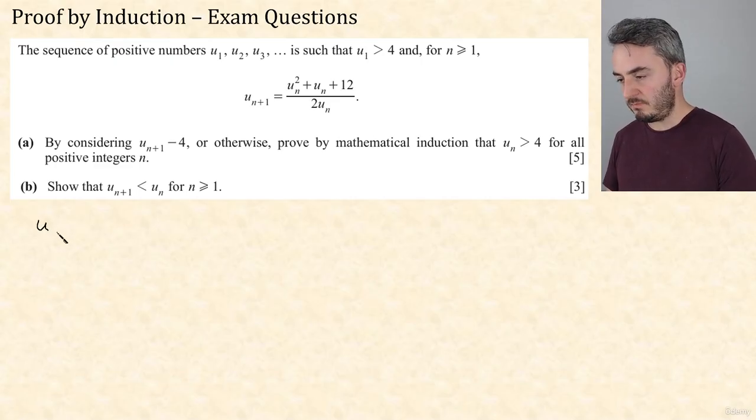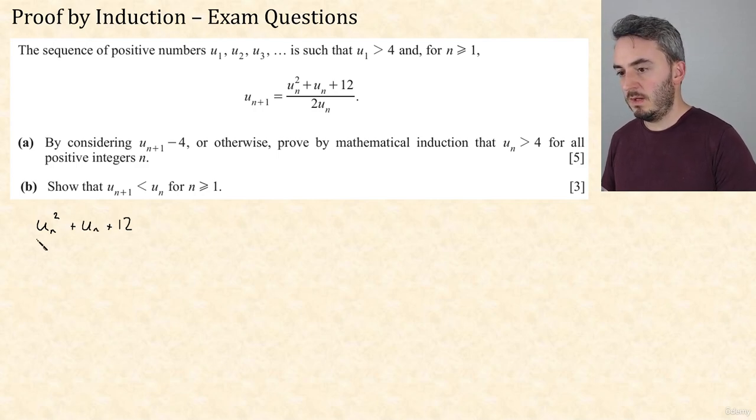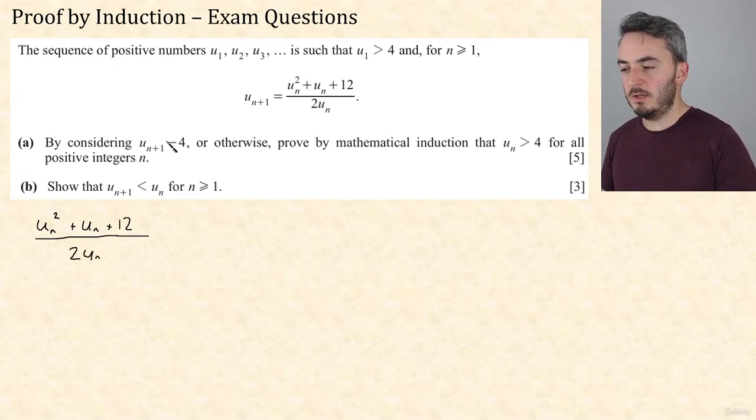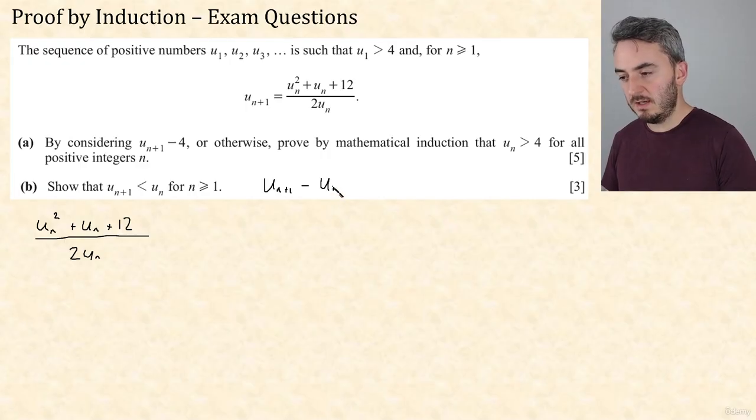So this here, un squared plus un plus 12 over 2un. Well, I've been given a little clue above about considering negatives here. What I'm actually going to explore is un plus 1 minus un, and I'm going to see if I can show that that's negative.